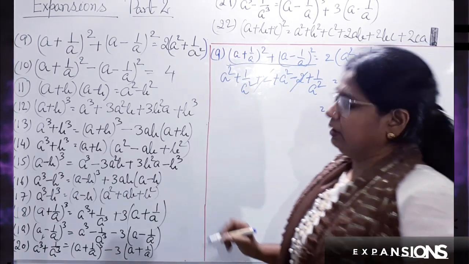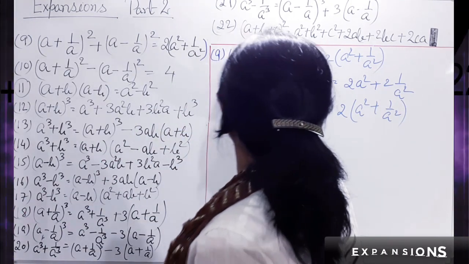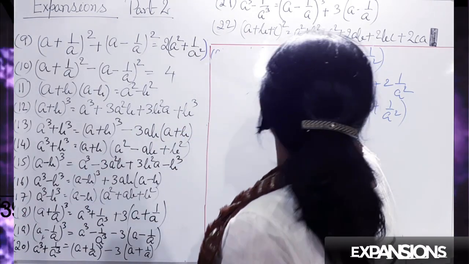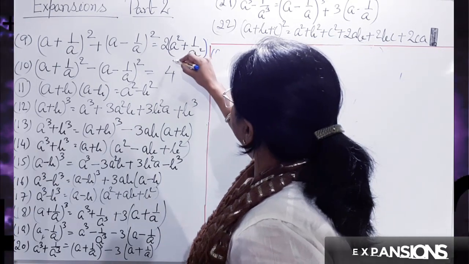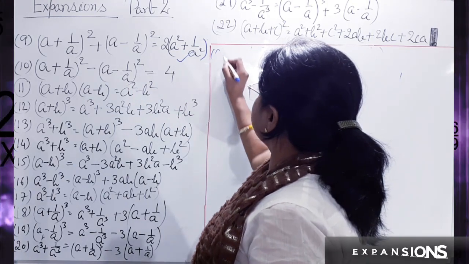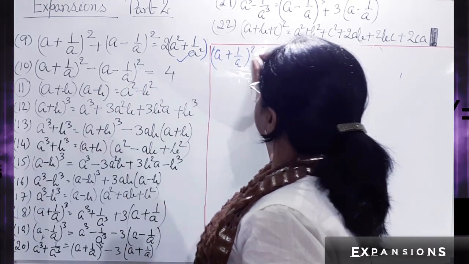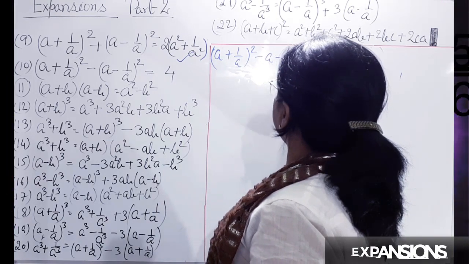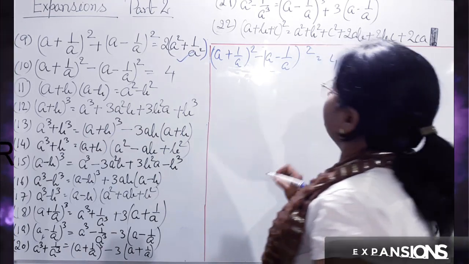Now going to start with 10th number. The 10th number expansion is same, only their symbol is minus. (a + 1/a) whole square minus (a - 1/a) whole square is equal to 4.